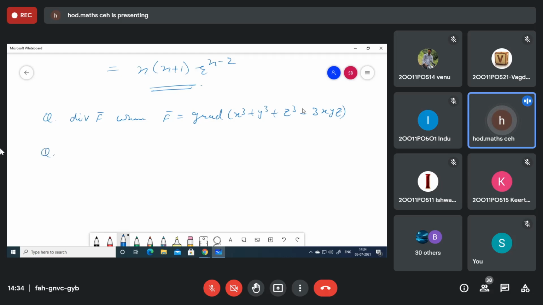The later one. If f is a scalar function I am giving, which is defined as x square plus y square plus z square whole to the power minus n, then find divergence of gradient of f.